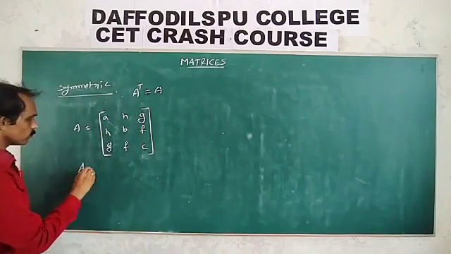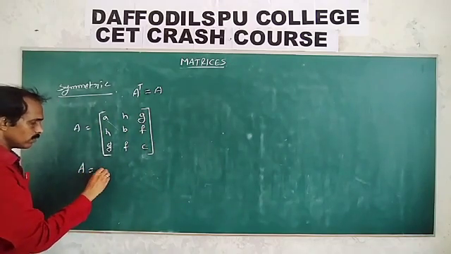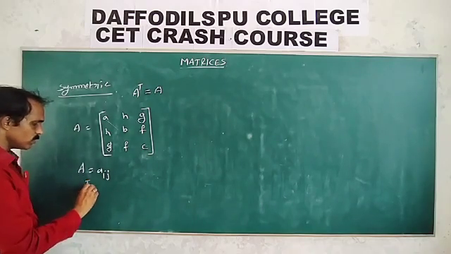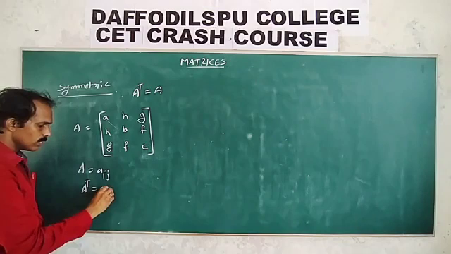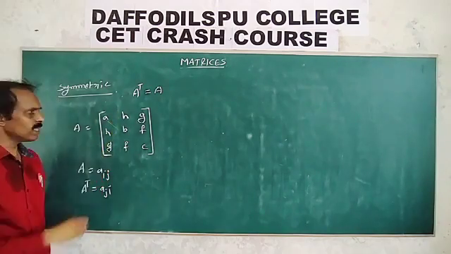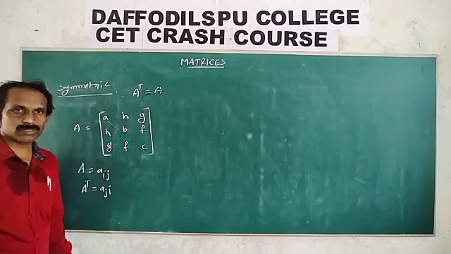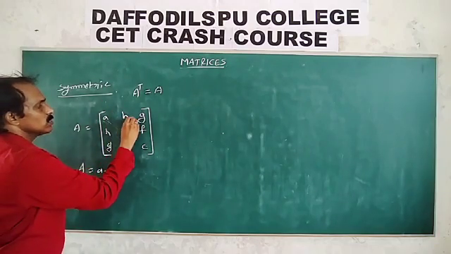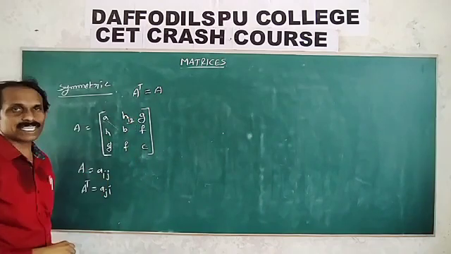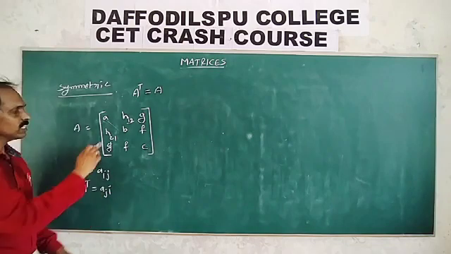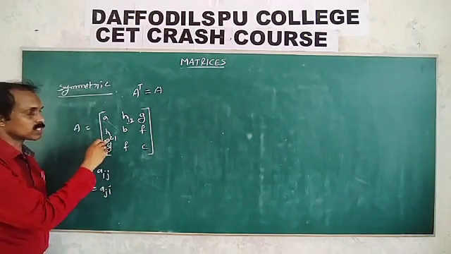Suppose A is equal to Aij. This can be written as A transpose equal to Aji. The diagonal has no change. H is A12, first row second column, and this one is A21, second row first column.